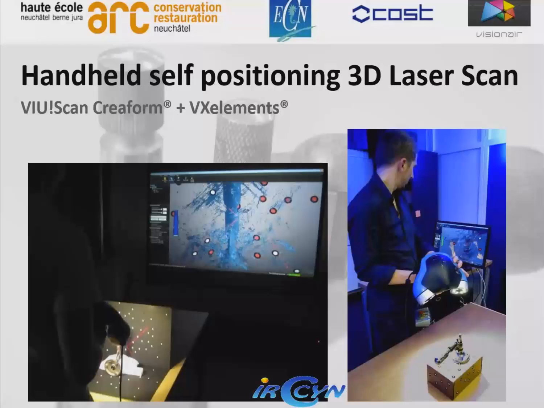And here you see it in process, and you have small white dots near the object that allow the scanner to know where it is relative to the object. So we can move everywhere with the scanner, and it's really convenient. You can see on the screen directly what we are scanning. So if we have some holes, we can stay longer in a specific place to fill the model.